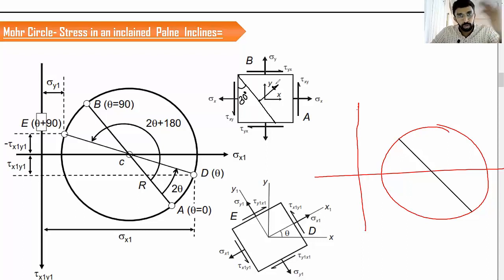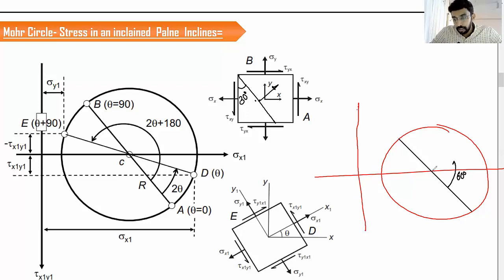Try to remember what I have taught you in the previous slide. I told you that if you want to represent this particular plane in the Mohr circle, you have to double the value. So this 30 should be represented as 60 in the Mohr circle. So take the double of this actual value. So what is that value? 60 degrees. What do you do? From here, you measure 60 degrees.